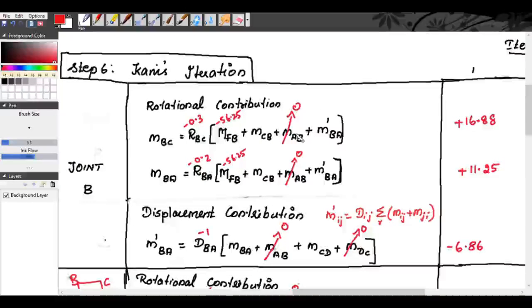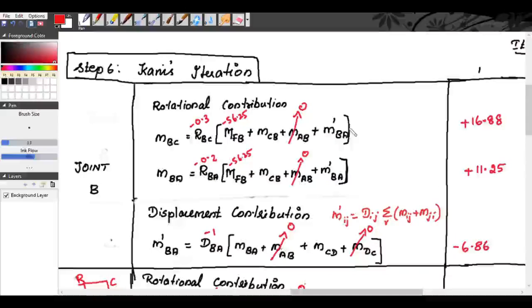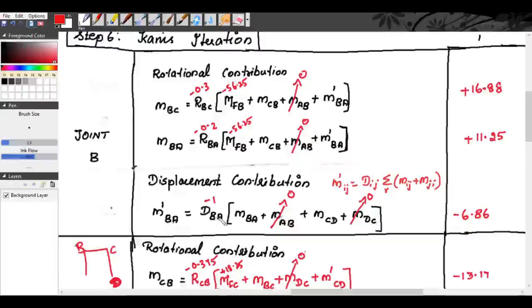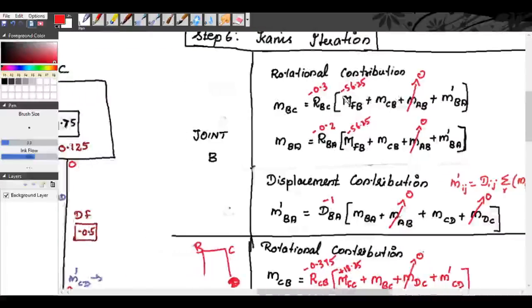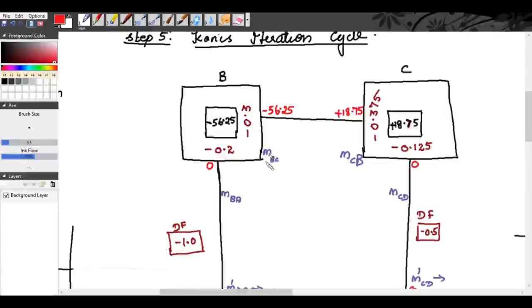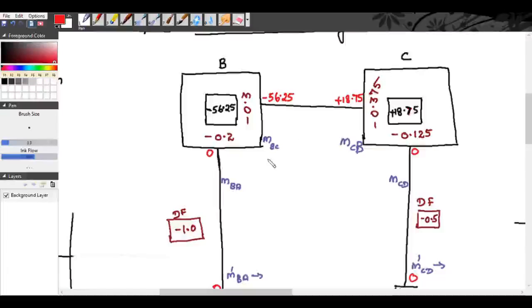Hope you understood. See, every time the formula is the same. The constant values I have given you, these values are not changing. These rotational contributions and displacement contributions change for every iteration. Whatever you have obtained in the last iteration, you have to use it for the present iteration. So we will get the values. For MBC, that is rotational contribution for BC, the first iteration is plus 16.88.